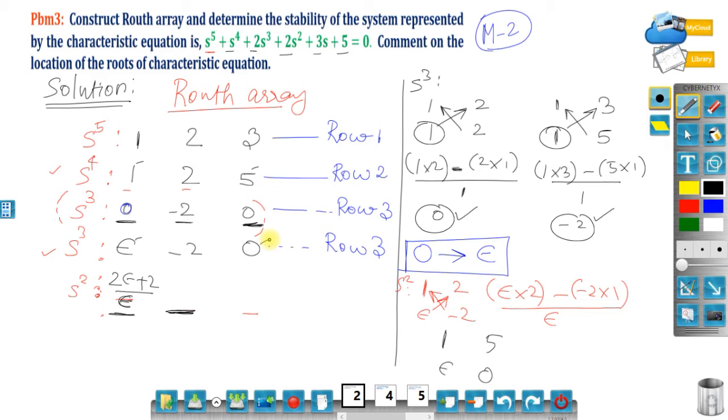Okay, we will get 5 eta minus 0 into anything 0 divided by eta. So eta gets cancelled, the answer will be 5.